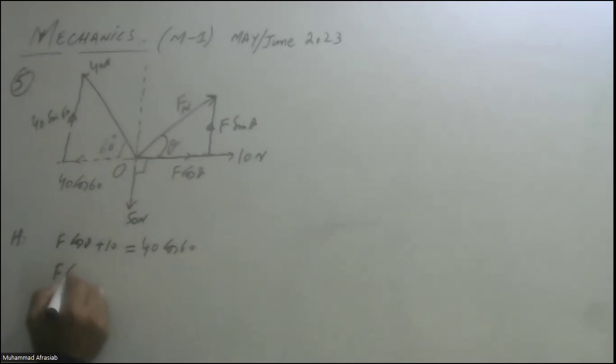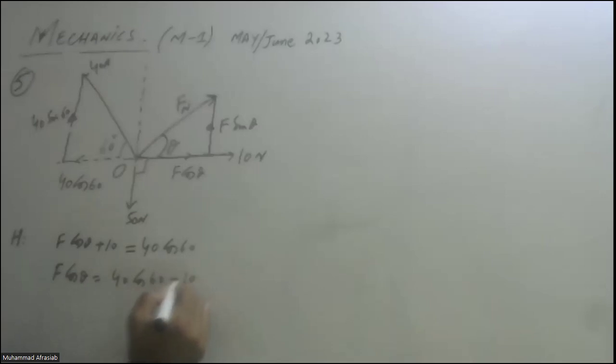So F cos theta is equal to 40 cos of 60 minus 10. So 40 cos of 60 is 1 over 2, minus 10. So that is equal to 10 Newton, the horizontal component there.